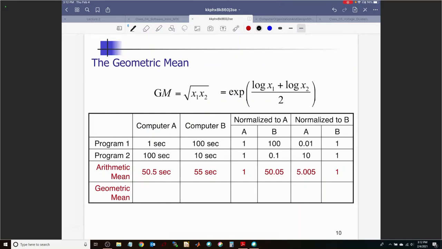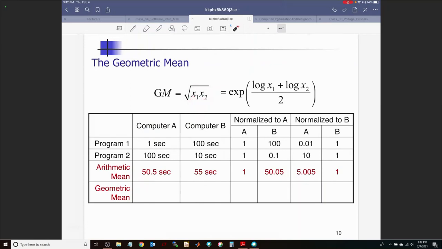What is geometric mean? Well, you multiply the execution times and you take a square root. Or if there were 3 computers, then you would multiply x1 and x2 and x3, and then you would take a cube root. Sorry, not computers, I should say programs, right? So each x_i is the ith program. It's indicating each program.